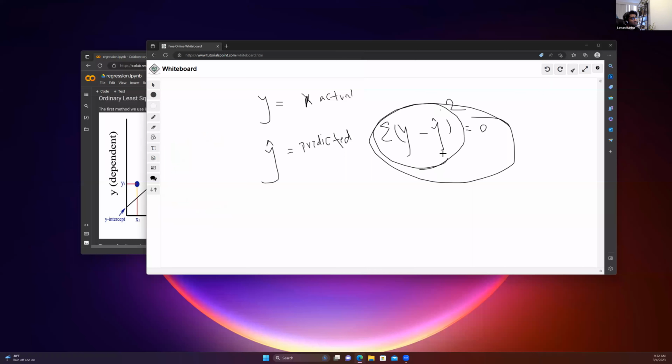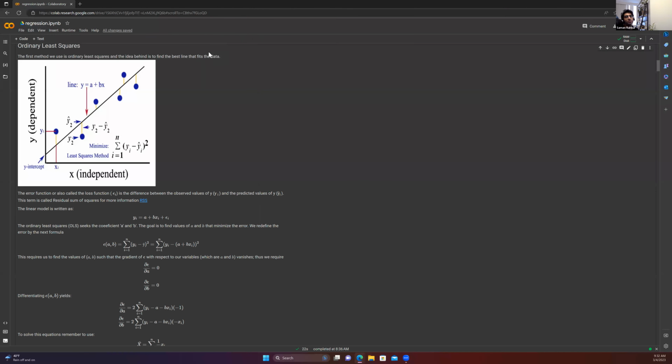If we can minimize this to the best that we can, we would have a better model. And that's true for most of the algorithms that you see in machine learning, whether it's random forest, decision trees, linear regression, neural networks, and so forth. We want to minimize that loss function and optimize on the performance.